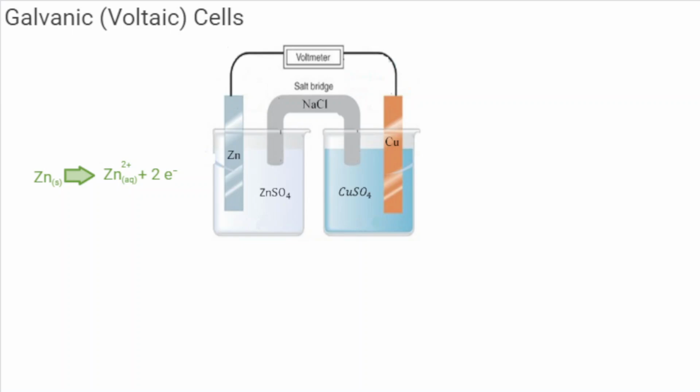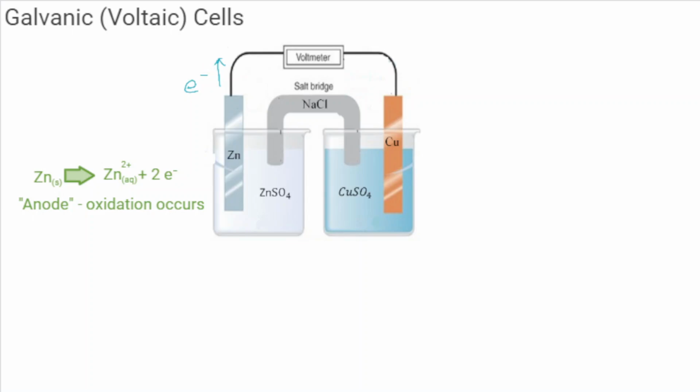For this, we'll see that we actually have oxidation occurring, and because of this it's normally referred to as the anode. Wherever the anode is, oxidation is occurring, and this is where we're going to be producing our electrons. So as this zinc is breaking down into zinc 2 plus, it also forms electrons.